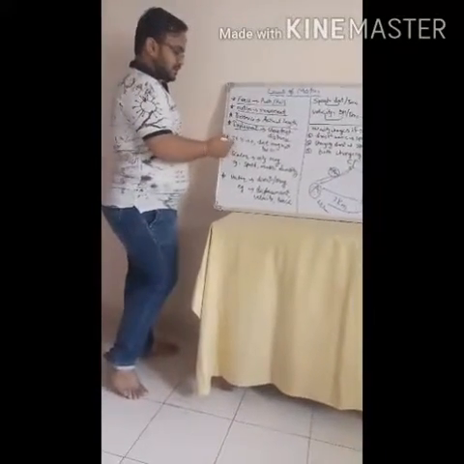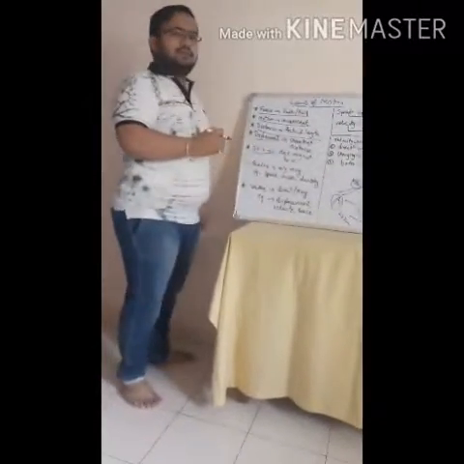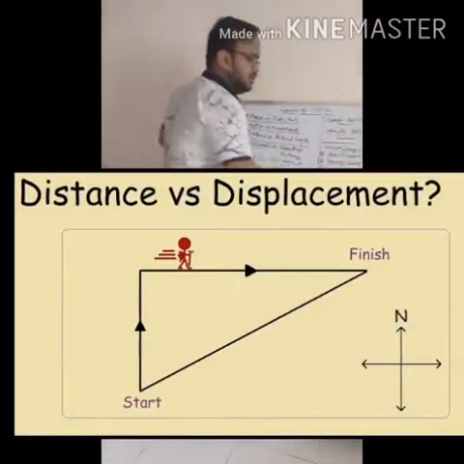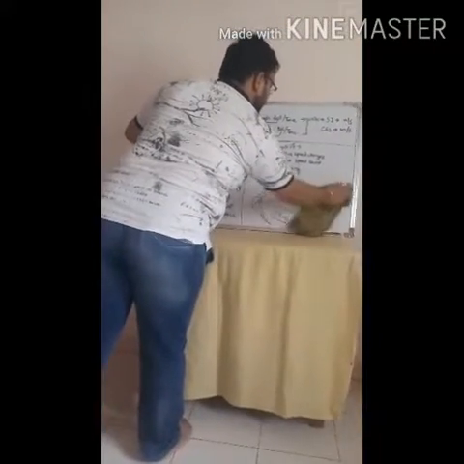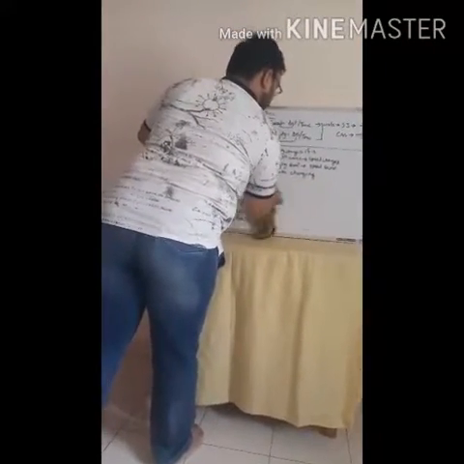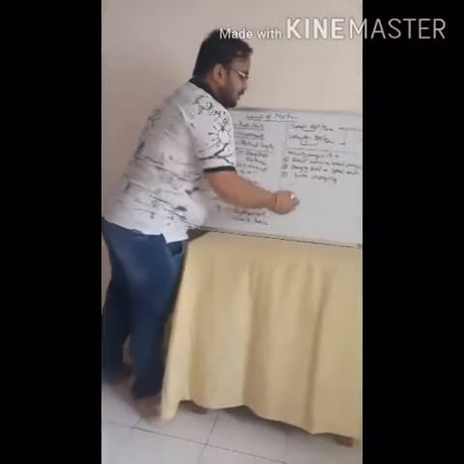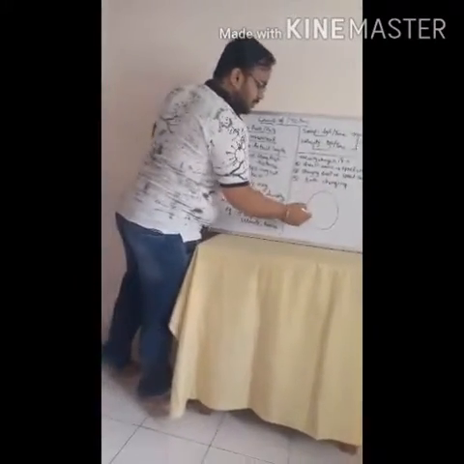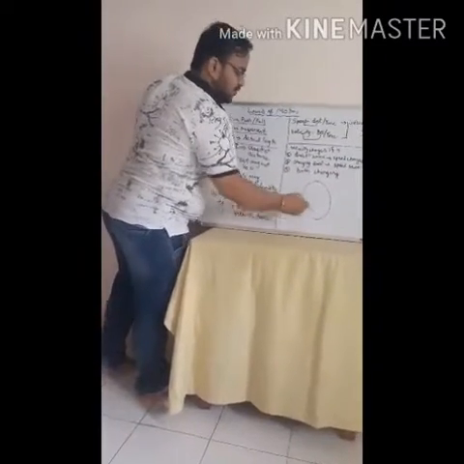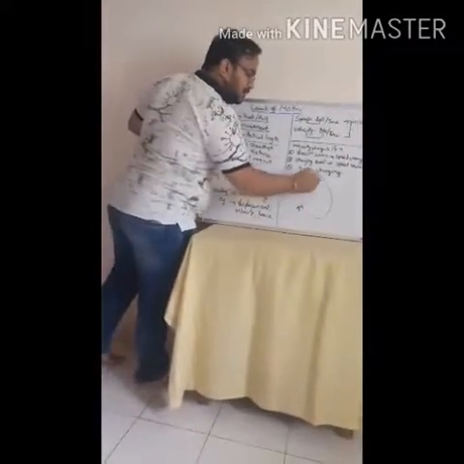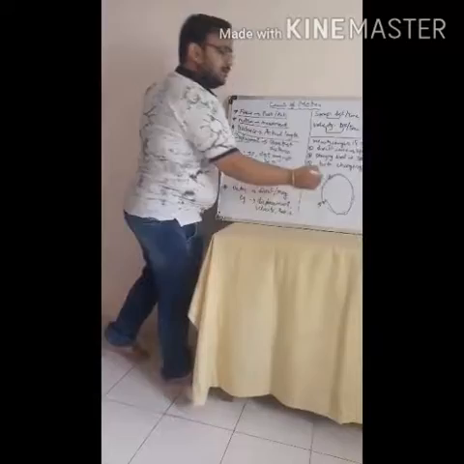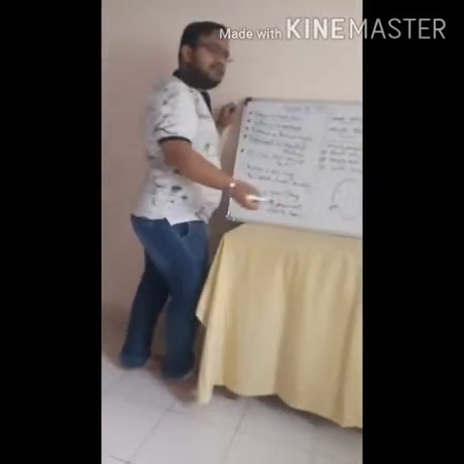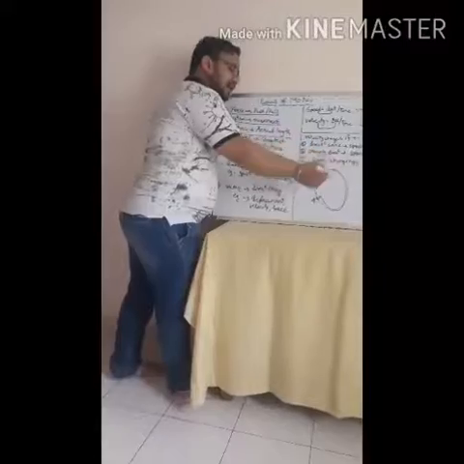Clear? Next, if displacement is 0, we'll take one example. Just see, if we take a circle, here it is. If we start from here, it will complete one round when it comes here like this. So displacement will be 0 because it started from here and again came here.